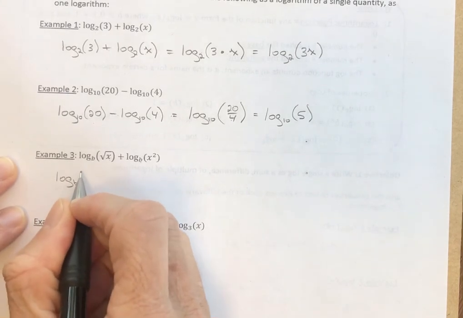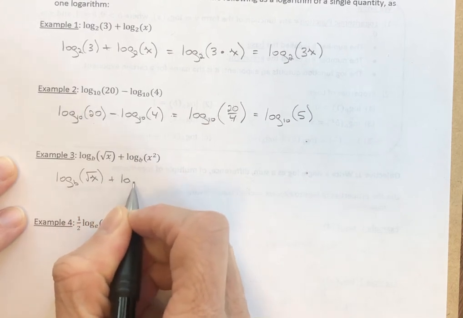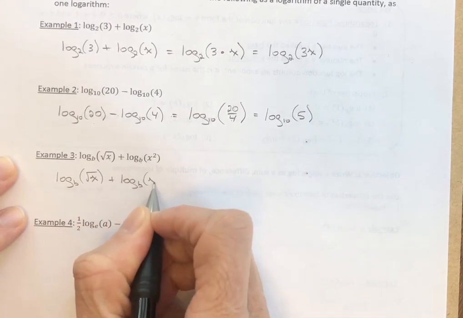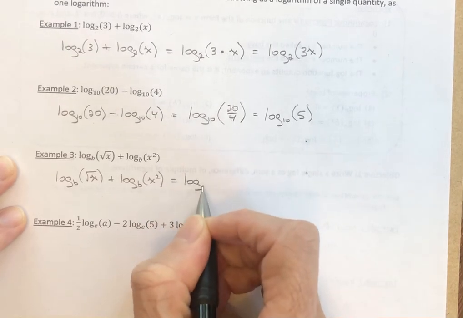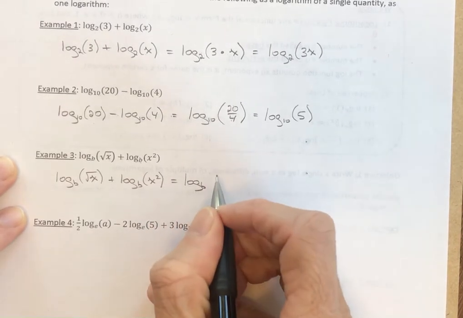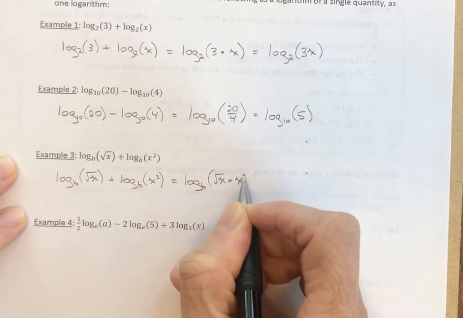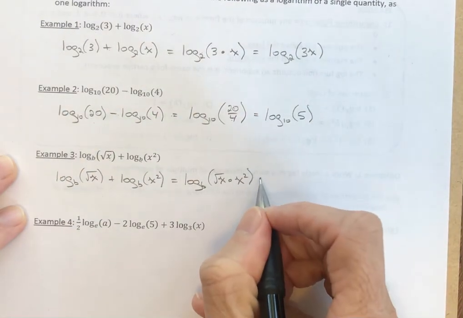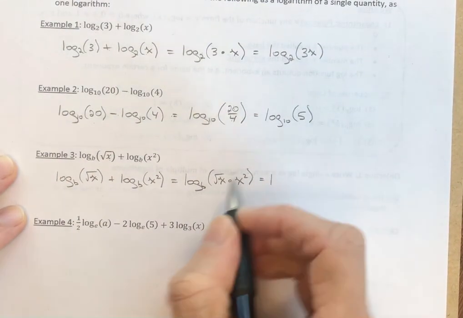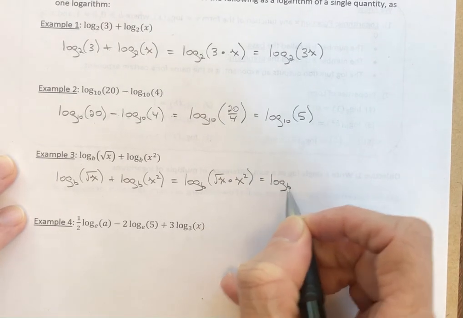Log base b of the square root of x plus the log base b of x squared is equal to the log base b of the square root of x times x squared. Well, that can certainly be simplified. Let's recognize that the square root of x is the same as x to the 1/2.